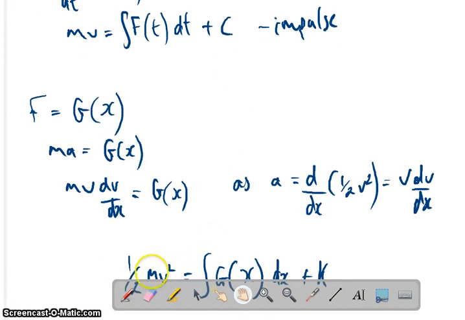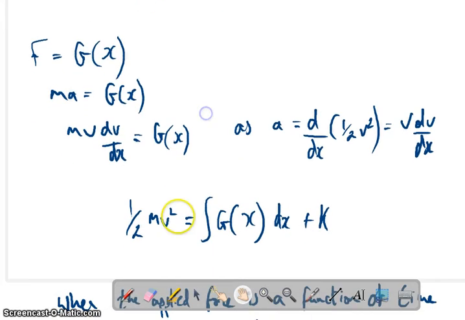Now, if you look at another key point, if you have that force is equal to another function, this time g, which varies with x, then mass times acceleration is equal to a function which varies with x. So, from the rules that we used earlier on in the course, we can set acceleration as the differential with respect to x of half v squared, and so that is equal to v dv by dx.